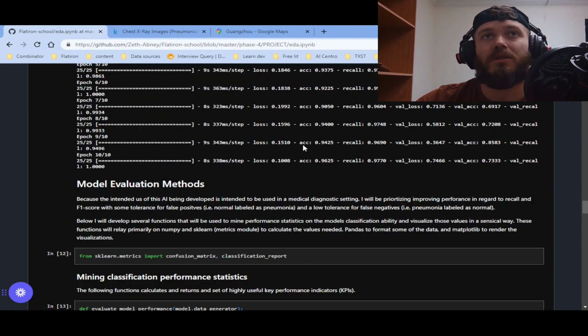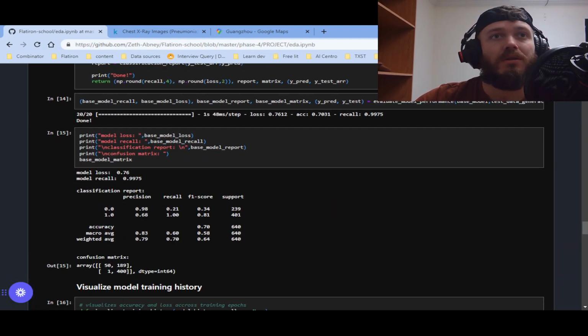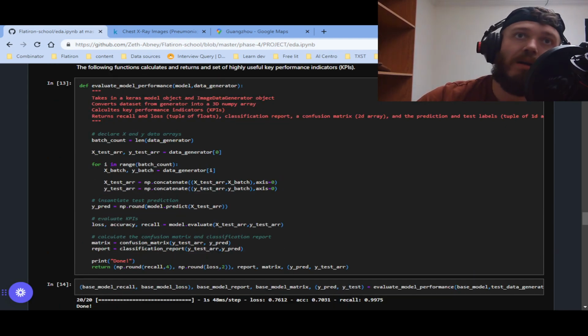I created a few of these functions so I wouldn't have to rewrite all this code all the time.